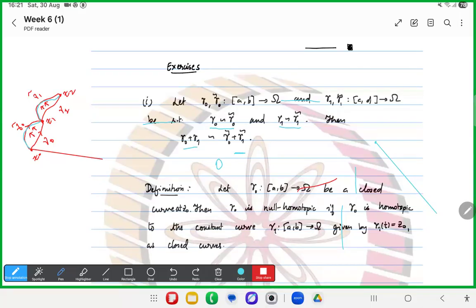The first curve is this concatenation. If you want to define an explicit homotopy, in this place let's say h naught, and in this homotopy you have, let's say, h1. Then you can concatenate them, right?